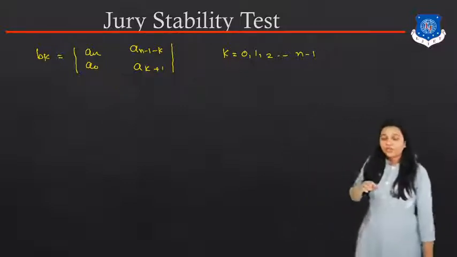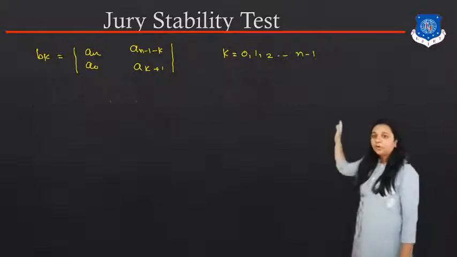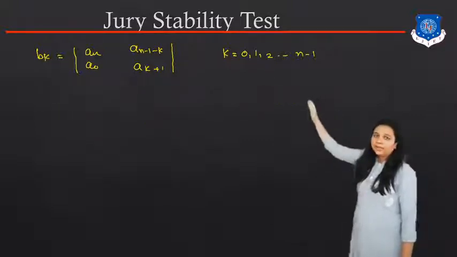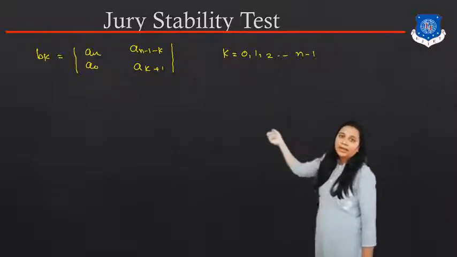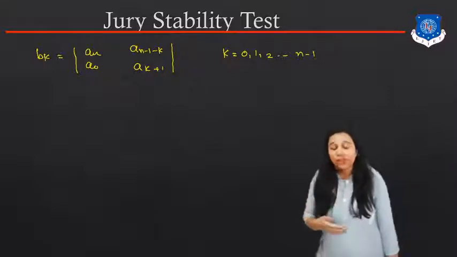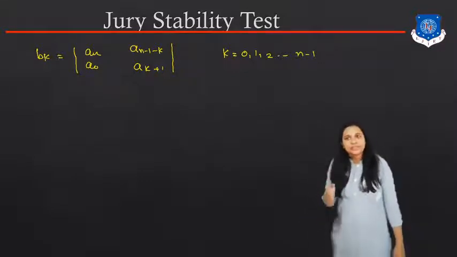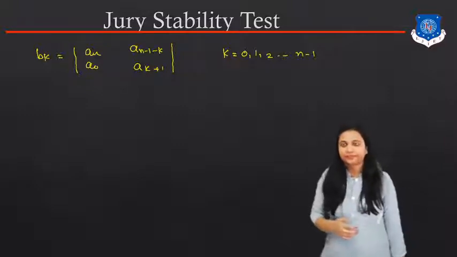Okay, so first of all, we can put k is equal to 0. So we can get b0 that is equal to the determinant of a0 and an, a1. Same like put different values of k, and we can find the values of b0, b1, b2 up to bn minus 1. Okay.